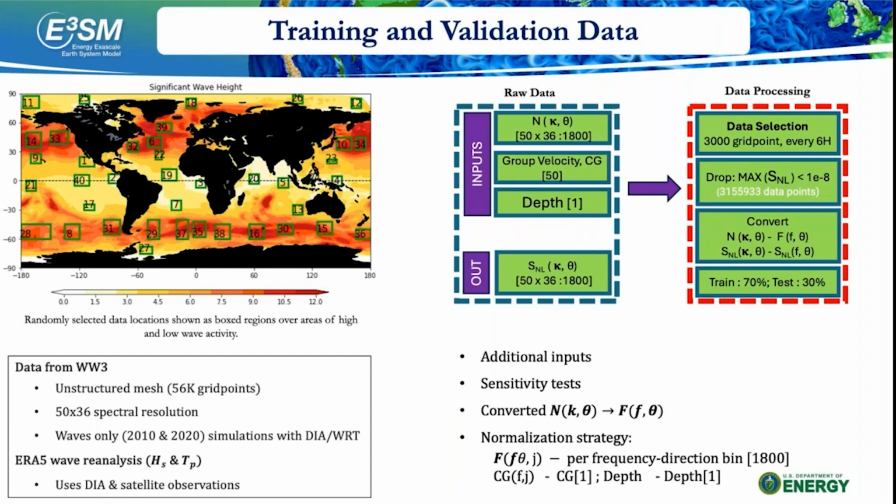We're going to show that this conversion is very important, and that this additional input is also very important. We also tried different normalization strategies, but in the end we normalized the spectral variable using z-score normalization along the frequency direction bin and used a global normalization for the depth and group velocity.